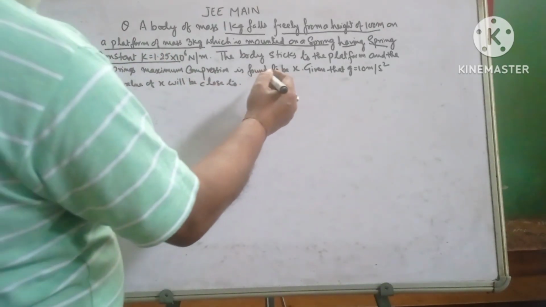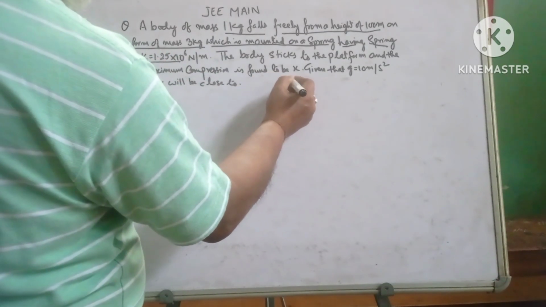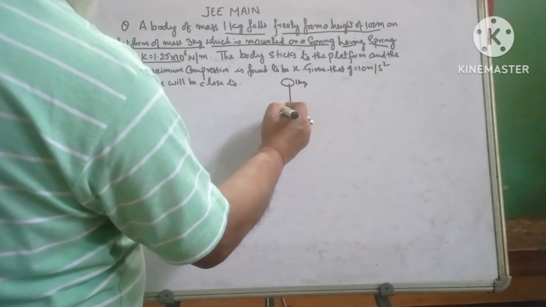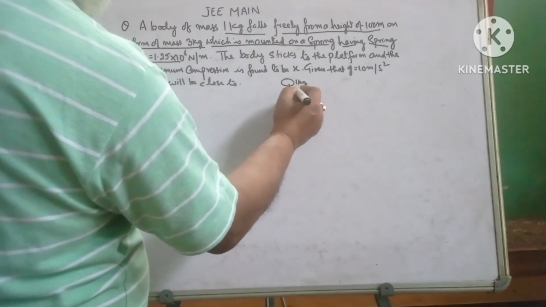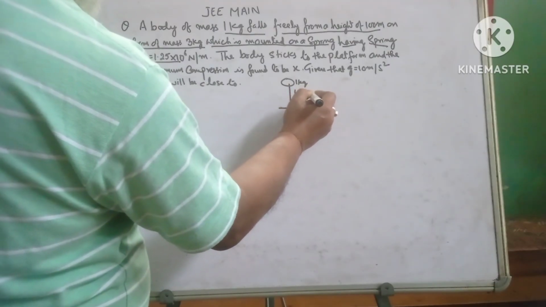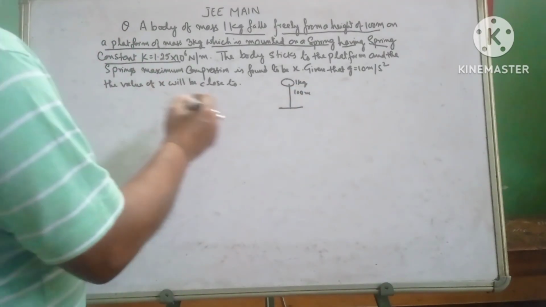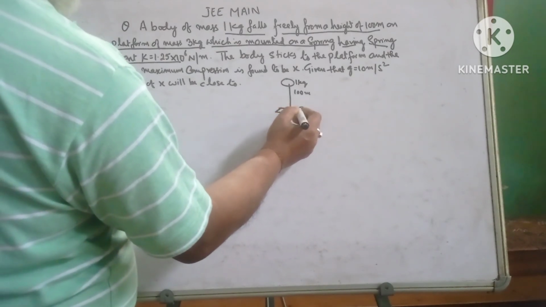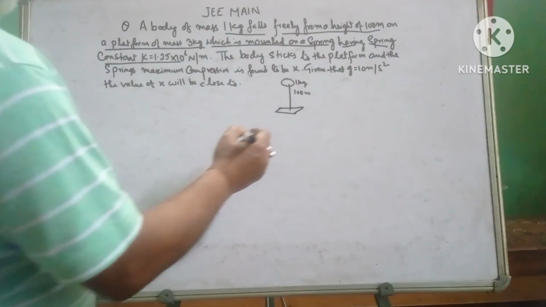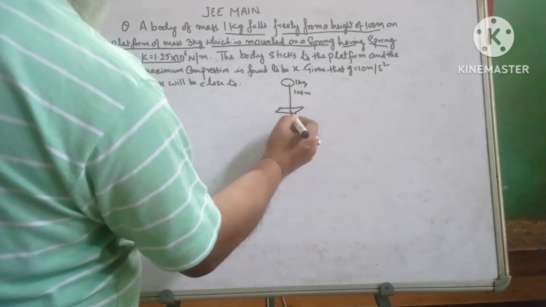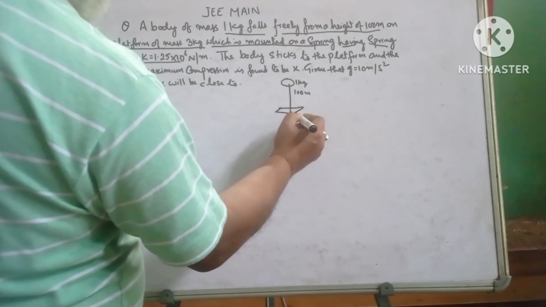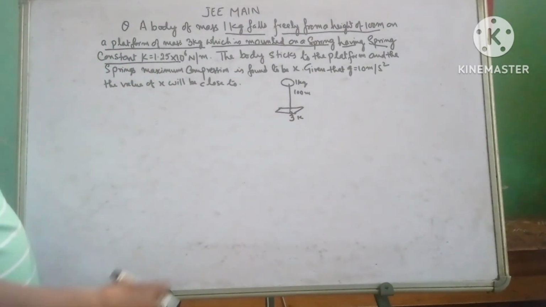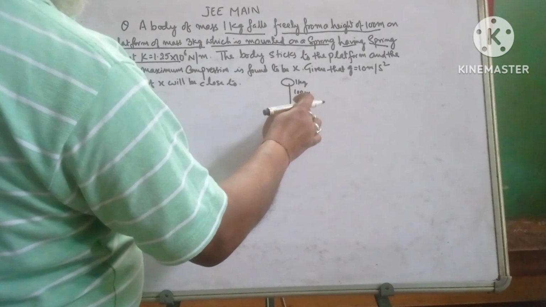That means here a body of mass 1 kg falls freely from a height of 100 meter onto a platform, and this platform is mounted on a spring of spring constant k, which is given to you. The body sticks to the platform.